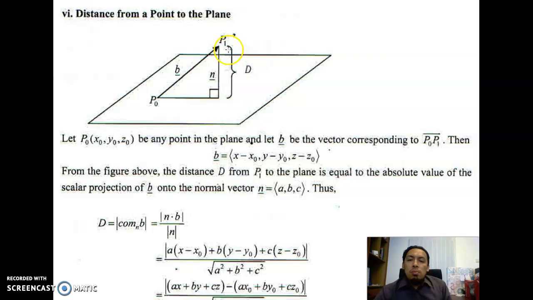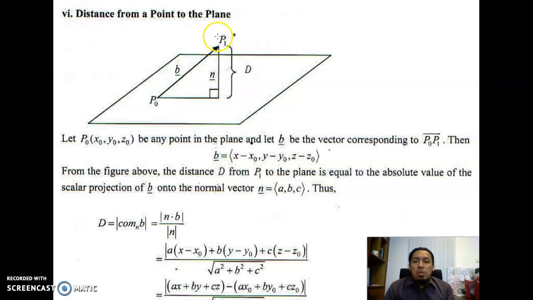The way to measure this is to use another application of vector to help us in measuring this line. The name of the application is projection, if you can remember.